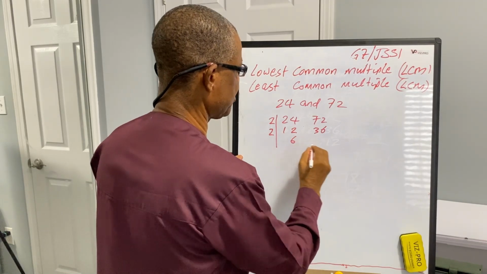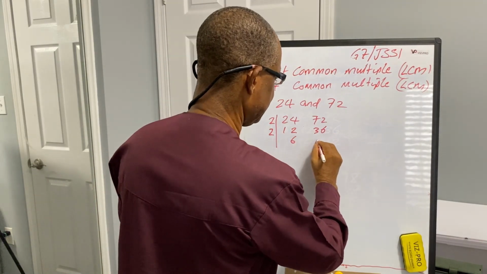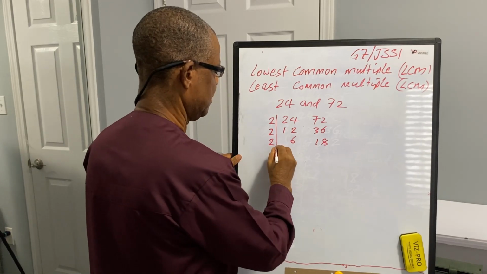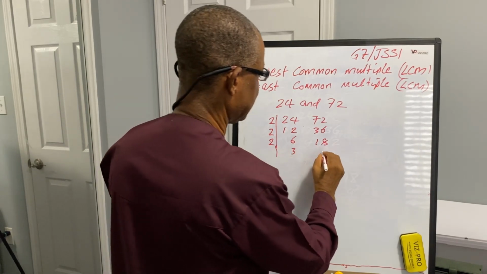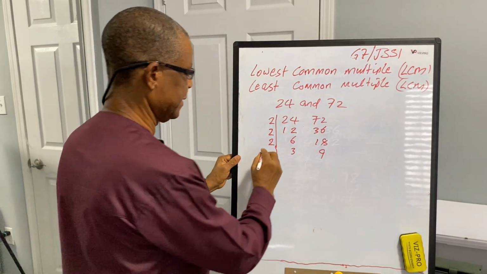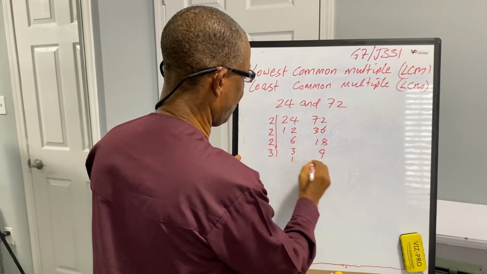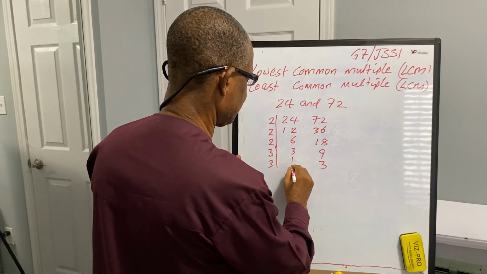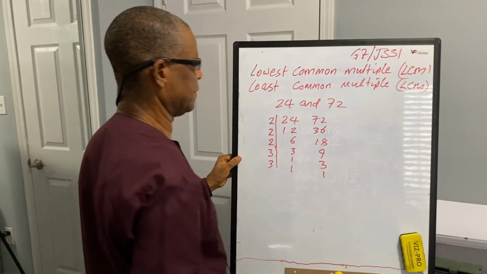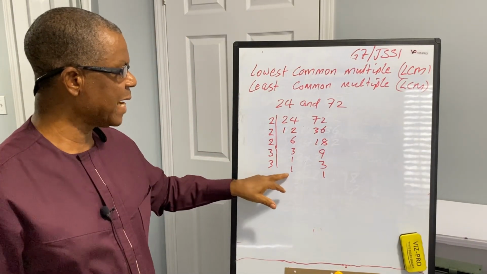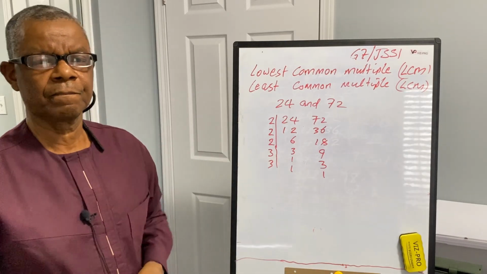This will be 6 and this will be 18. 2 can still go, giving us 3 and 9. 3 can divide, this will be 1 and this will be 3. 3 can divide again, and this is already 1 and this will now be 1. You keep on dividing until the last values are 1.